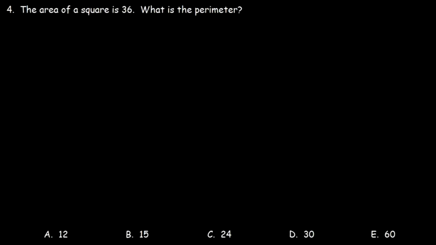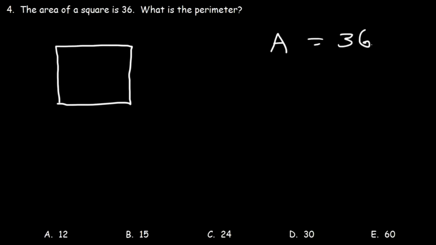Number 4. The area of a square is 36. What is the perimeter? Well, let's draw a picture. So here's a square, and the area is 36. Now, what is the formula for the area of a square?